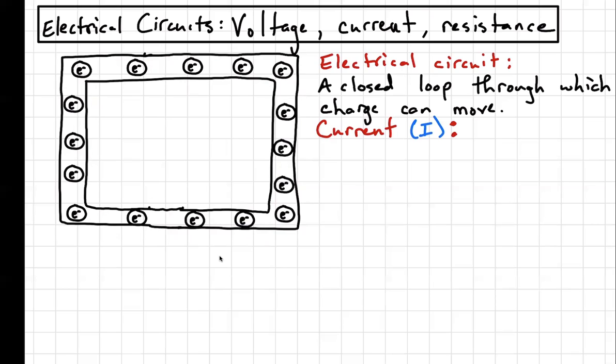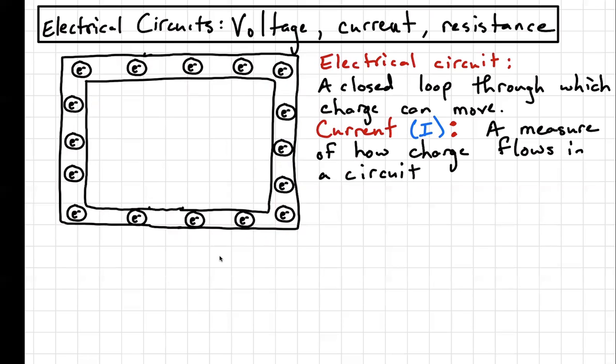Current is a measure of how charge flows in a circuit. An example of that would be the speed of these electrons as they move. That will partially determine the current.